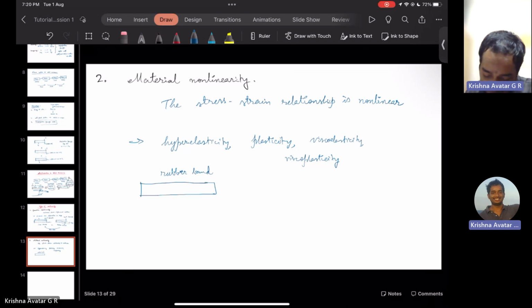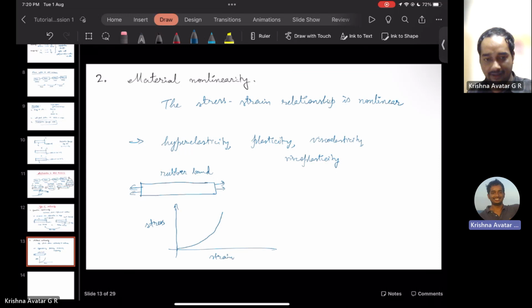Now what you do is you just pull it on both the ends, and you are able to stretch it to a large extent, right? And there is one thing about rubber: if you draw its stress and strain relationship, then it will be something like this. You see, right? The curve is not linear. It's not a line, isn't it?